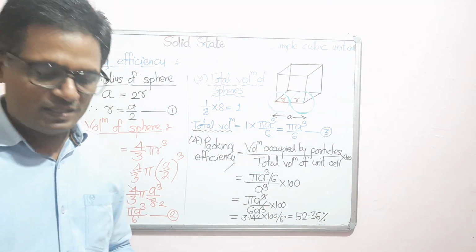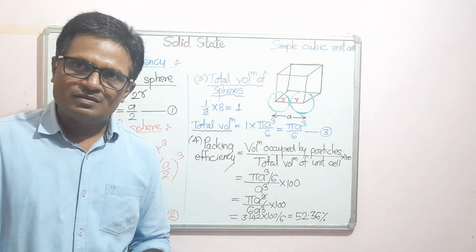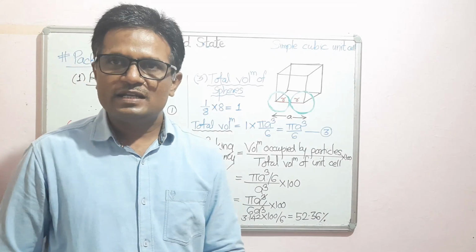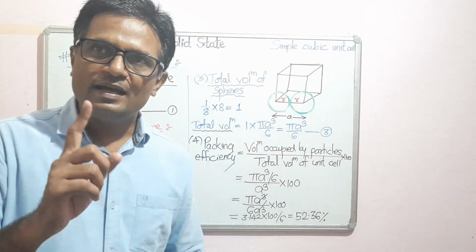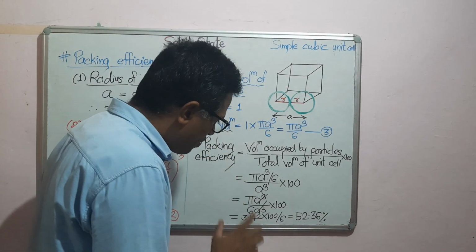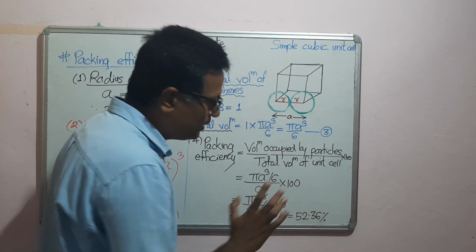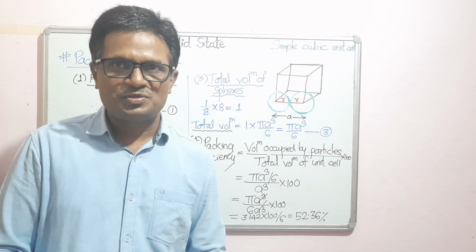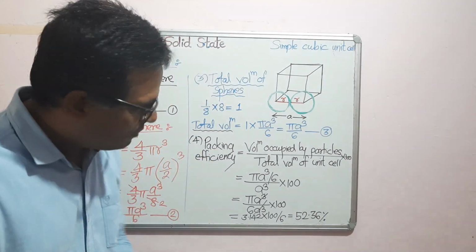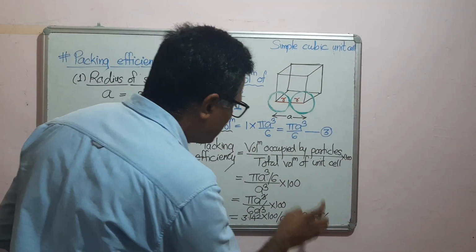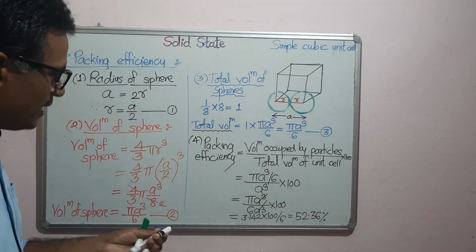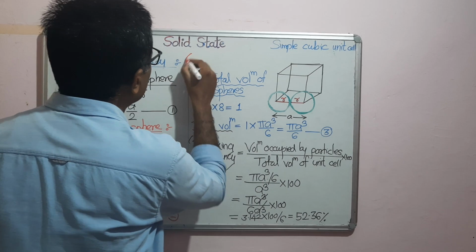That means in a simple cubic unit cell there is only one atom, and that atom occupies 52.36% of the total space of the unit cell. So 52.36 is the packing efficiency of which type of cell?